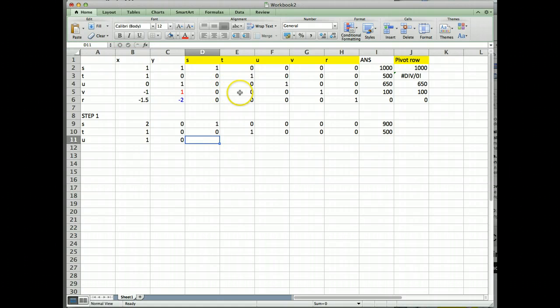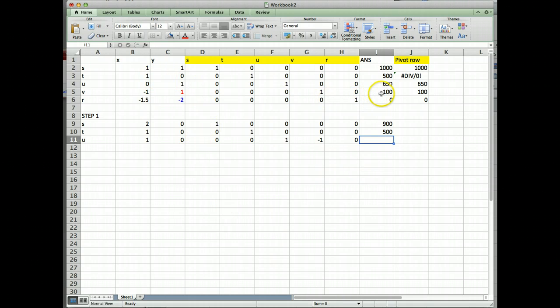And if you notice, going through the next three columns, negative 1 times 0 is 0. 0. Negative 1 times 0 is 0, plus 1 is 1. Negative 1 times 1 is negative 1, plus 0 is negative 1. And then we have to be careful here.